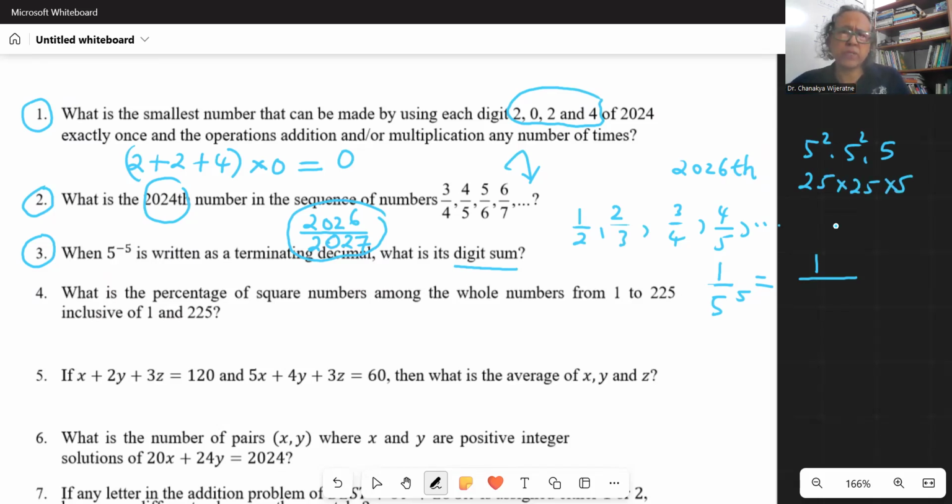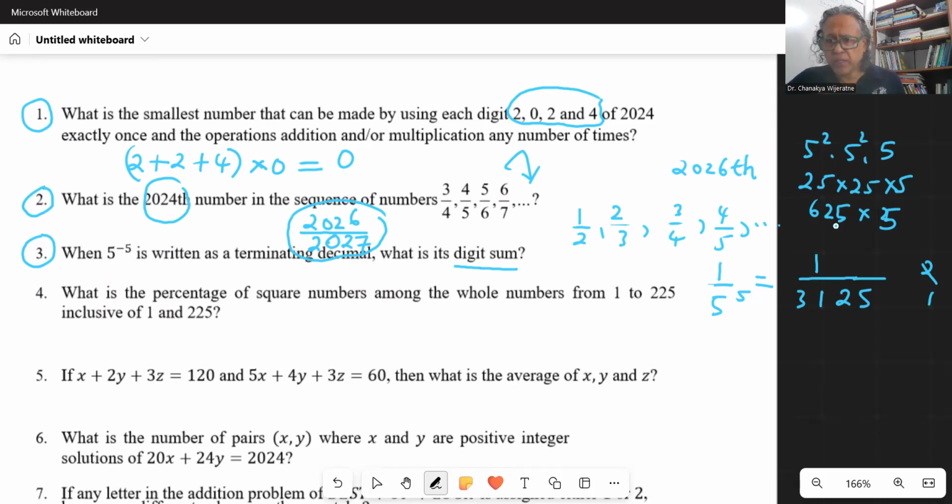I know 25 times 25 is 625, times 5. And what is that? 5 times 5 is 25, so it's a 2. 5 times 2 is 10, 12. There's a 1 here. 5 times 6 is 30, 31.